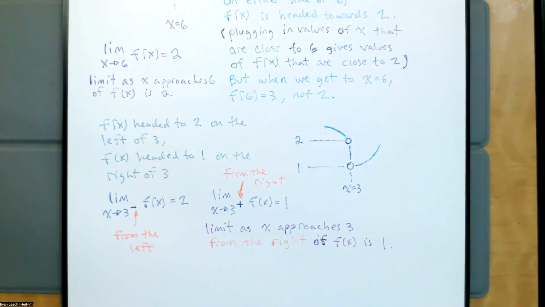The problem here is that the limit from the left and the limit from the right do not agree. When that happens, we say that the limit doesn't exist.